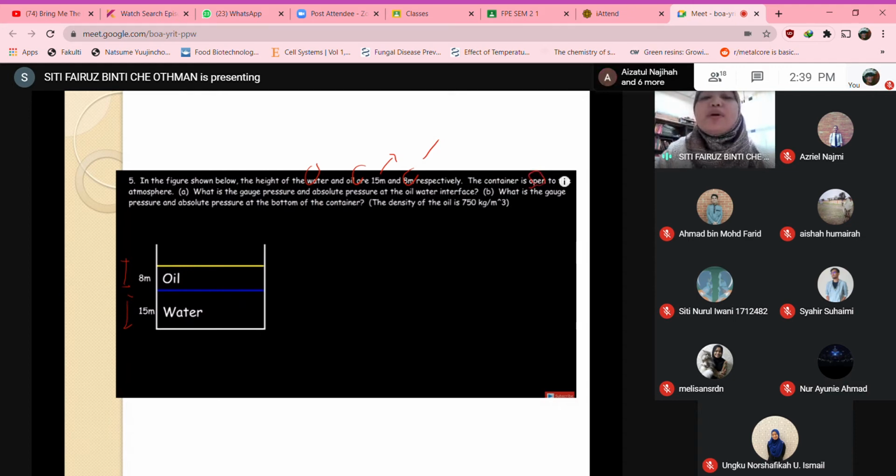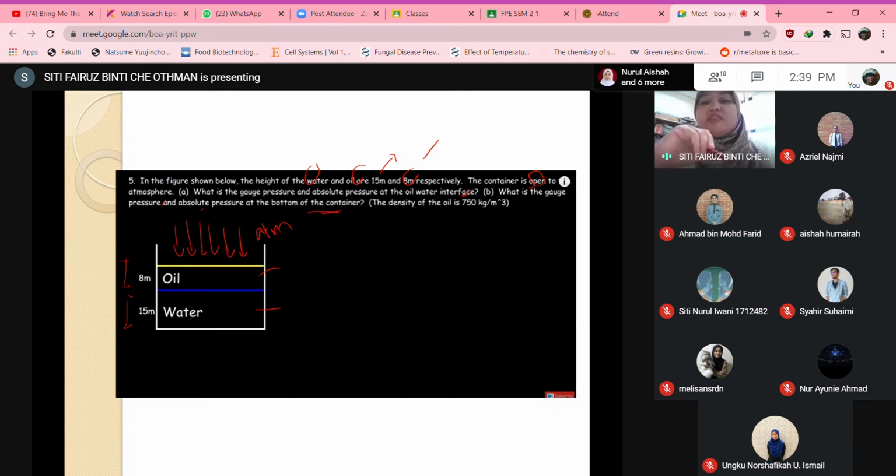If it is open, always remember once you calculate for this pressure, don't forget to include the atmospheric pressure. Okay, no problem, later we will try one by one. So what is the gauge pressure and absolute pressure of the oil interface? Okay, what is the gauge pressure and absolute pressure?